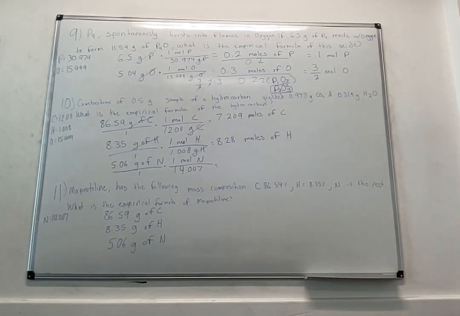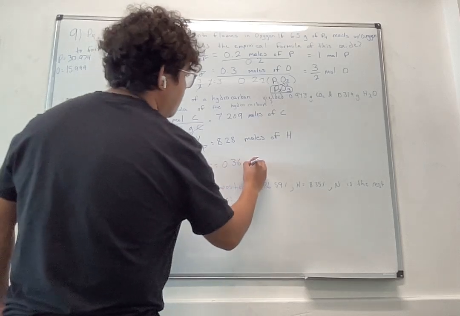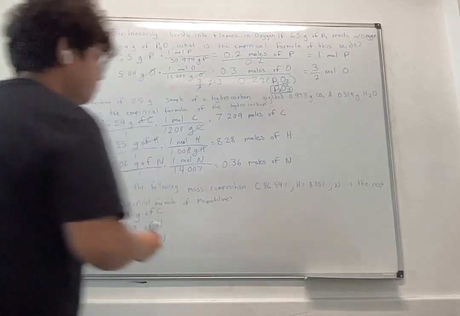Well, 5.06 divided by 14.007 gives us 0.36 moles of nitrogen. Okay?